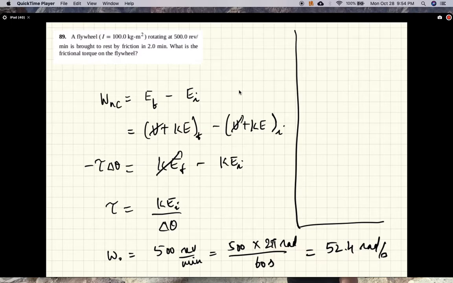Let's find alpha. Do we need alpha? Yeah, we will need alpha. Okay, so omega final is equal to omega naught plus alpha t. Alpha is omega minus omega naught over t. And the wheel was brought to rest in 2 minutes, which is 120 seconds.